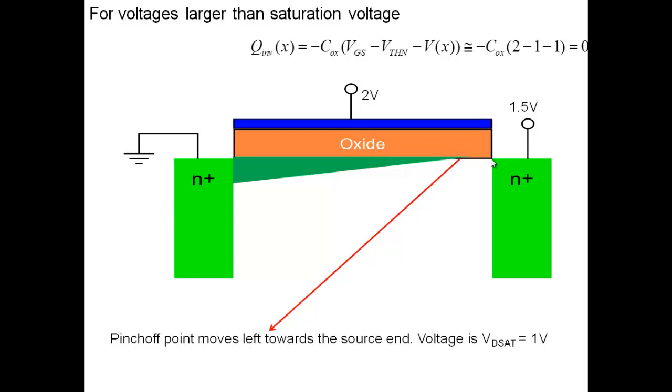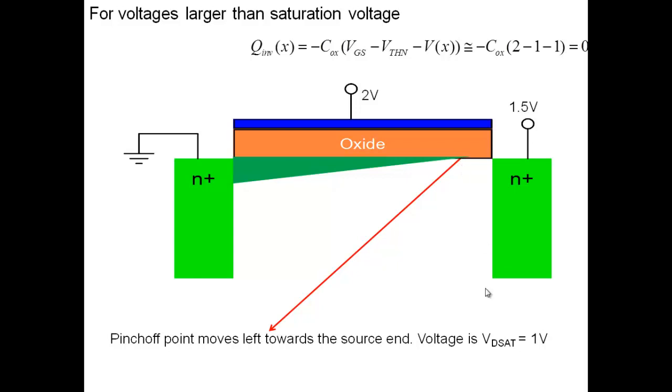Earlier pinch-off was occurring at this point. When you apply even 1.5 volt here, the pinch-off point moves here. And what is the voltage at this point? The pinch-off point is where the inversion charge goes to 0. So the pinch-off point moves here. The voltage at this point will be how much? When you apply 1.5, at the pinch-off the voltage has to be 1 volt.